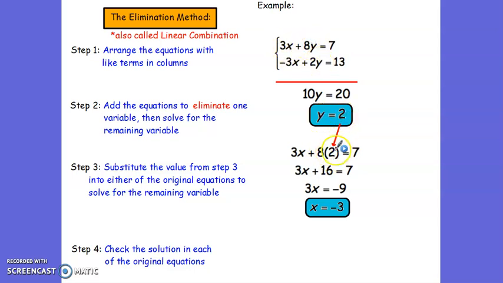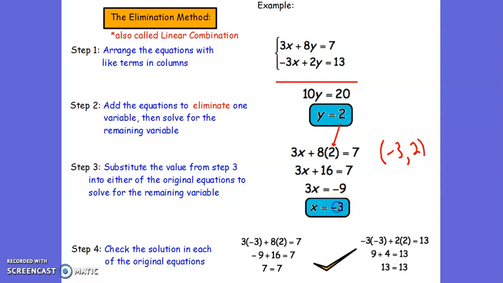Replace the y because we know the answer and set it equal to 7, which means 8 times 2 is 16. You can subtract that 16 to make a negative 9, and again divide by 3 to make negative 3. Now we know our full solution is going to be negative 3, 2.